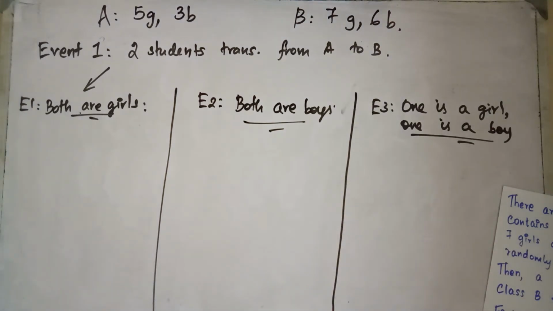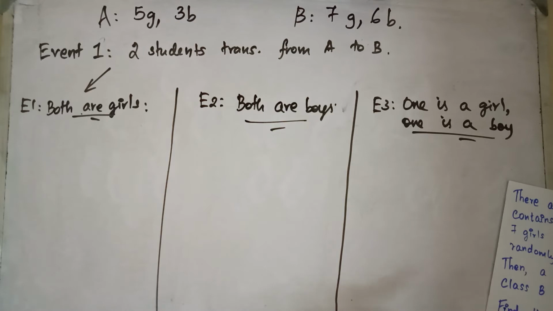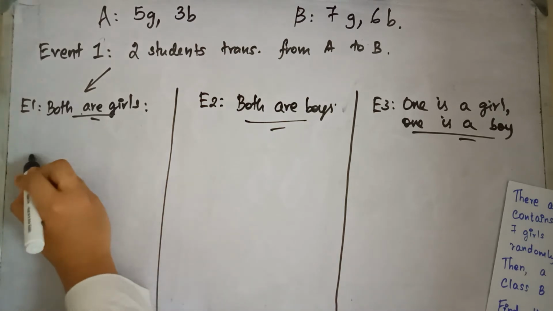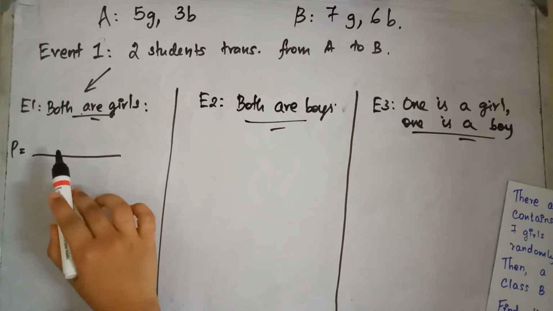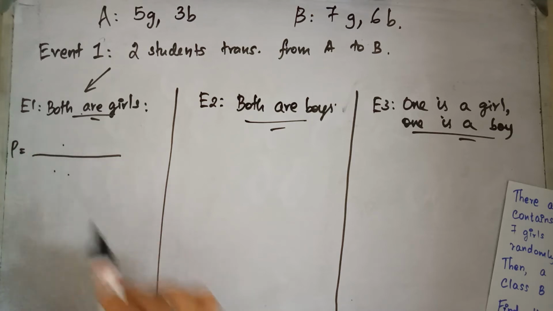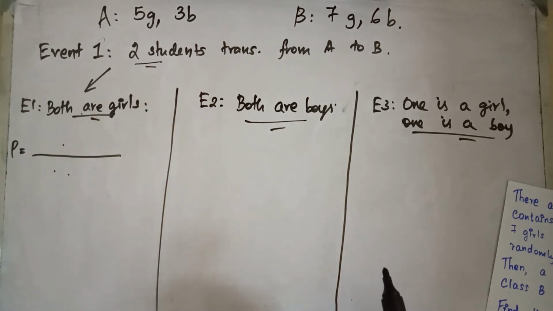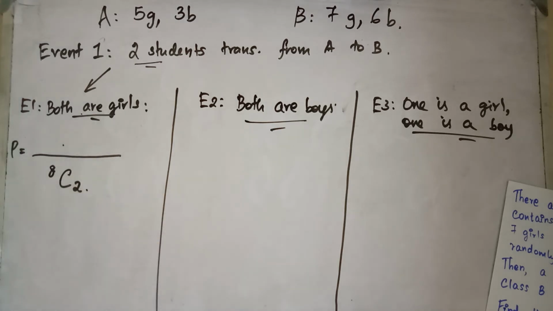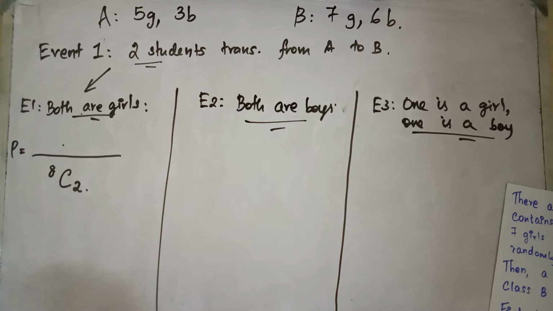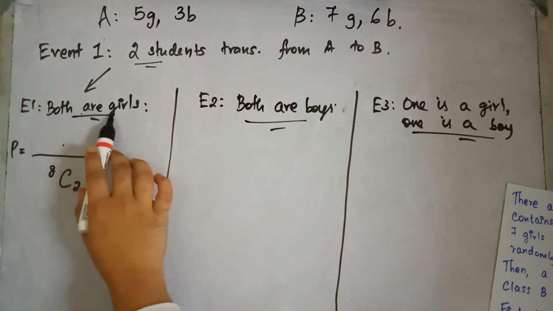Okay. So what's the probability that both of them are girls? Let's look at the formula for probability. Probability is equal to the number of desired outcomes by the total number of outcomes. First, let's look at the total number of outcomes. 2 students are chosen from class A. How many students are there totally? 8. So from 8 students, 2 are chosen. Right? So now let's look at the desired outcome. This event is that both are girls.